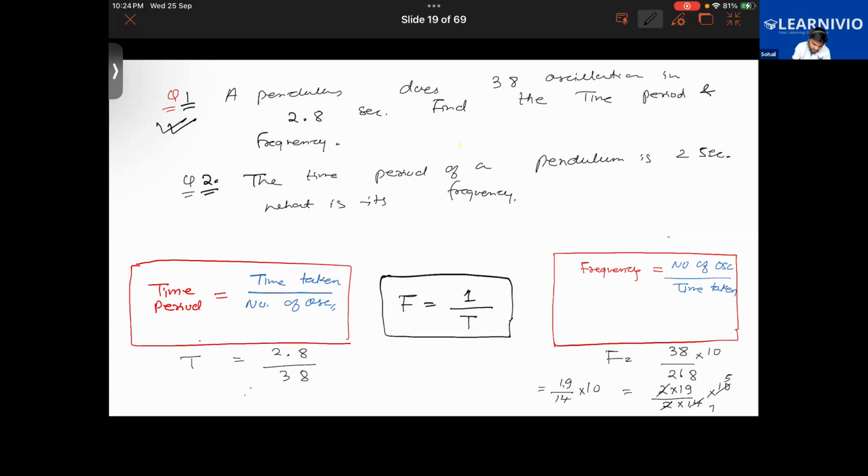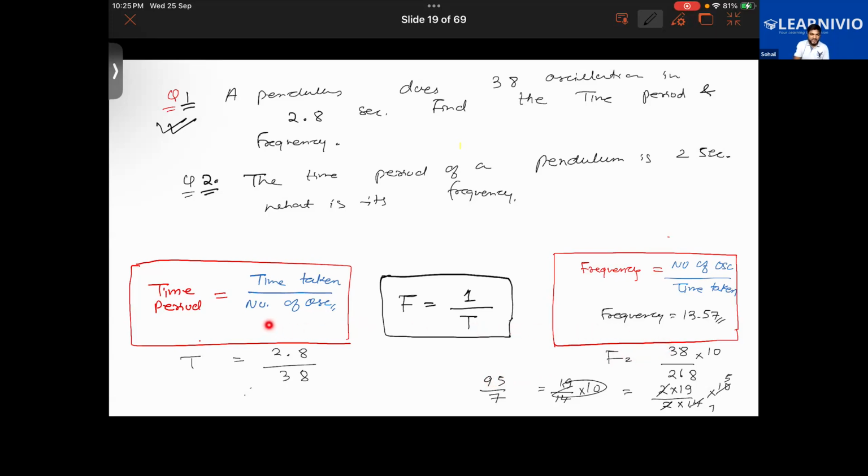So it would be 19 5s are 95 upon 7. 13 7s are 91, isn't it, guys? So the answer will be 13 point something. To be very specific, it's 13.57. So the frequency is exactly 13.57 when you do the complete division.